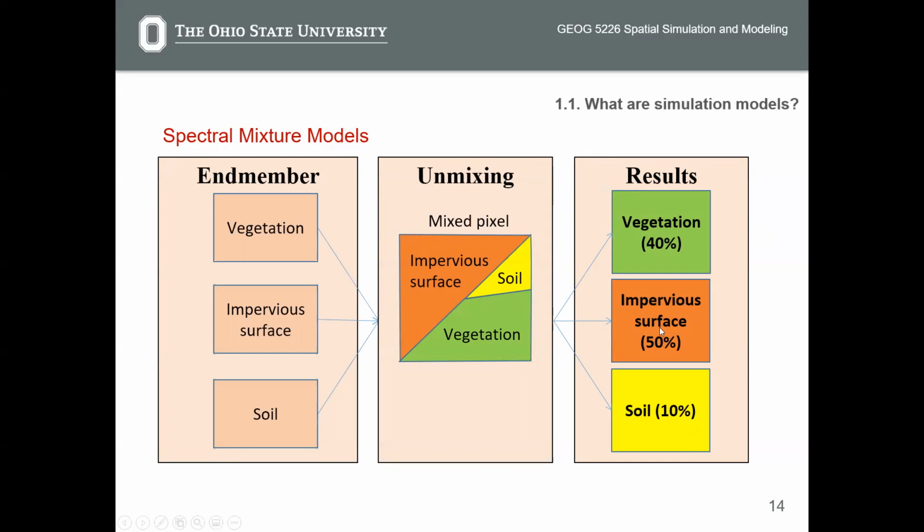Impervious surface is 50%, soil is 10%. This is what we want. This is the input. At the very beginning, from the image, we know the output. There are 3 land cover types. There are 3 end members. But what's the abundance of them, right? Implicit model. At the end, the results are inputs.